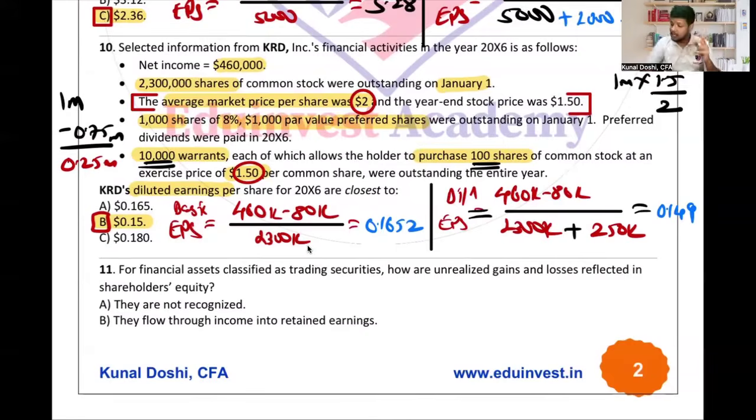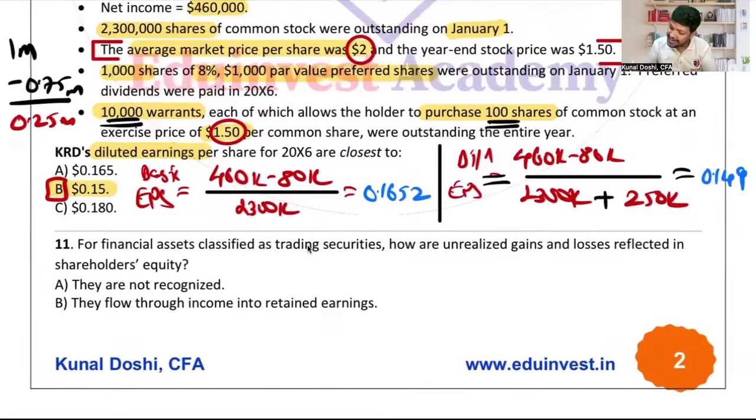For financial assets classified as trading securities, by the way, trading securities is also called FVPL in IFRS, fair value profit loss. Profit loss means income statement. So the reason it is named so is that the unrealized gain and loss are recognized in the income statement. Understood? That's the reason the name is FVPL.